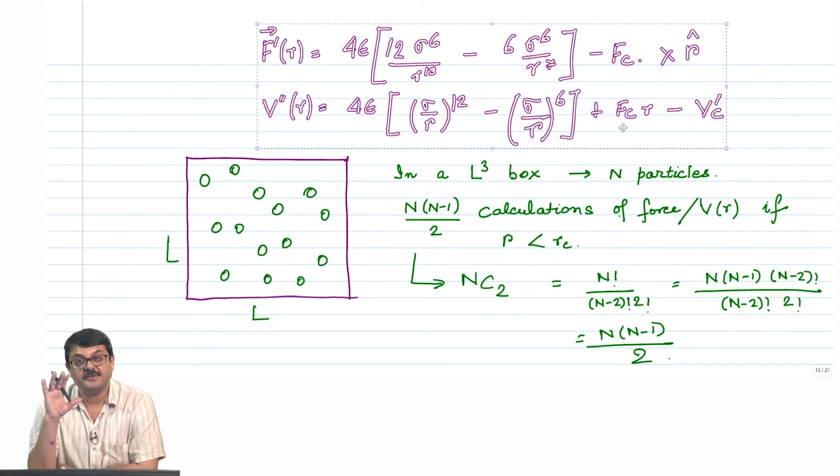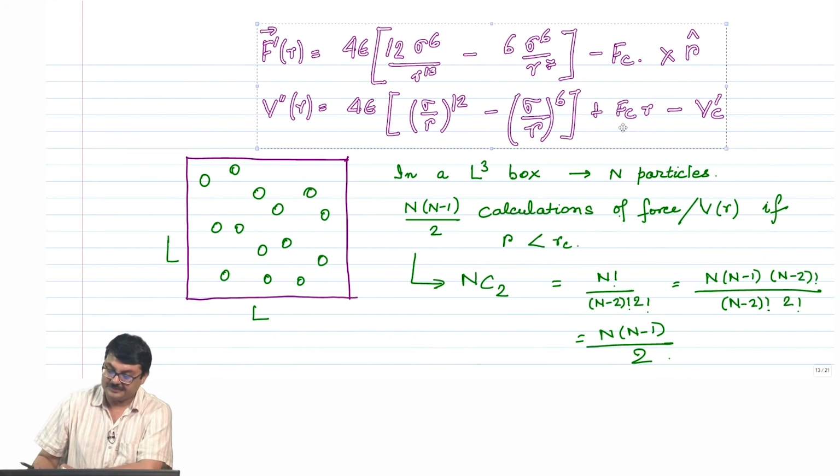Okay, the T part will be discussed a bit later. Till now, whatever we have discussed is more like an NVE ensemble where the energy is conserved, but later we will have to discuss T also, how to set the temperature.